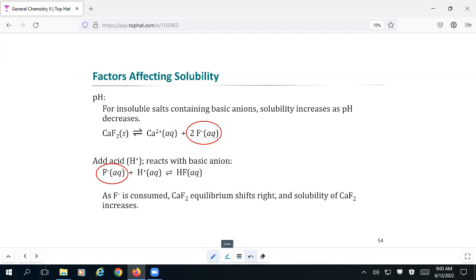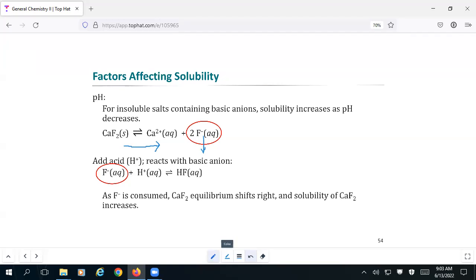That basic anion can react with acid at a lower pH and form its conjugate acid. So basically, we've introduced a side reaction. This side reaction happens to be the formation of a weak acid. In that scenario, the concentration of the fluoride is going to go down. So we're going to see an increase in solubility to replace the lost fluoride.